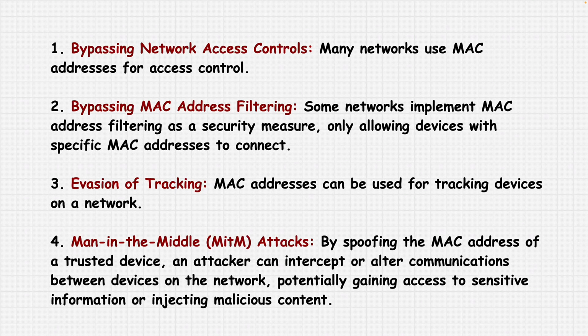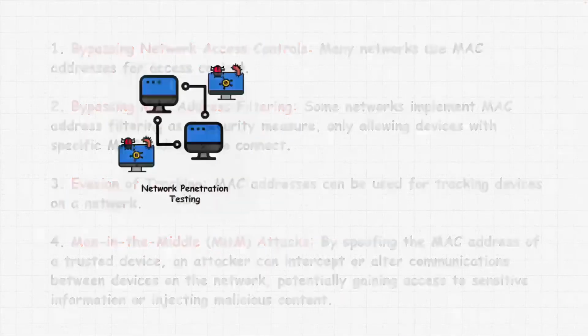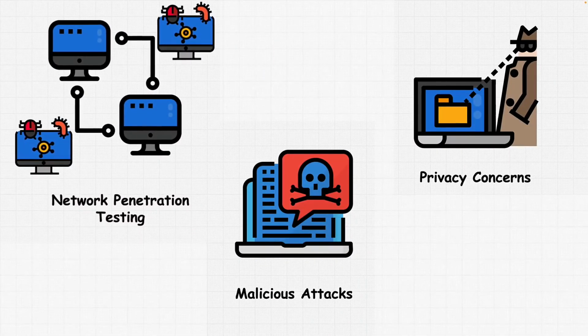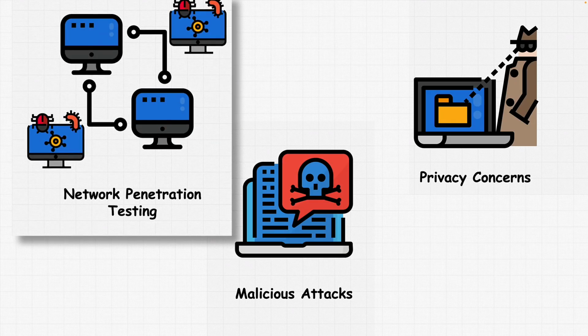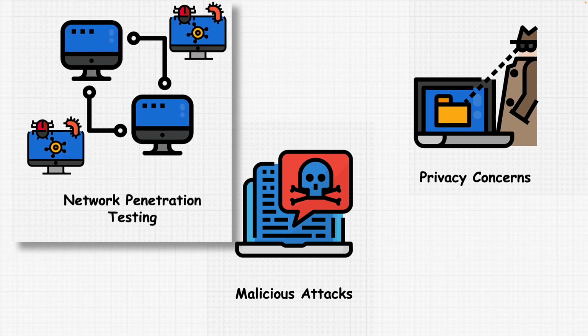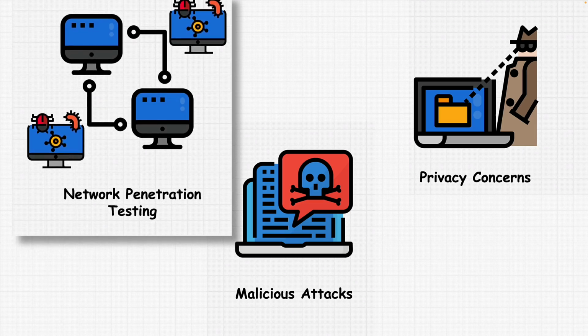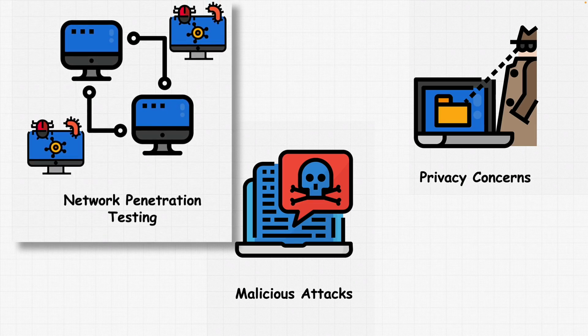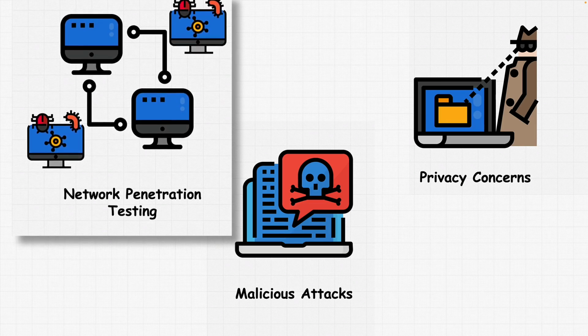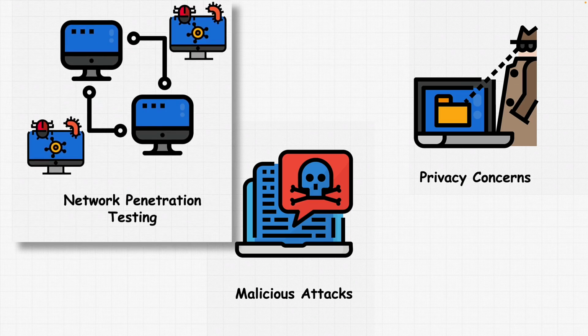But when is this attack really used? Well, it's often used in various scenarios. In network penetration testing, ethical hackers might use MAC spoofing to test the robustness of network security and identify vulnerabilities. It can be used in malicious attacks, as cybercriminals may use MAC spoofing to bypass security measures that we just mentioned, to evade detection, or perform more advanced attacks such as man-in-the-middle attacks.